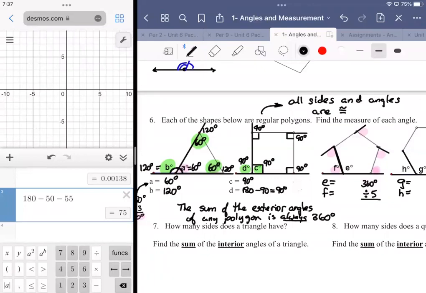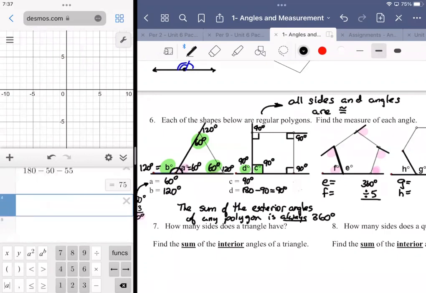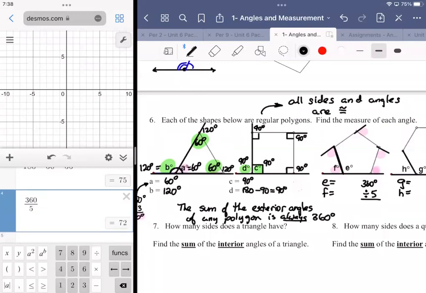There's 5 possible exterior angles because there's 5 sides in the pentagon, because there's 5 points that make up the pentagon, consistent with 5 angles in the pentagon. 5 being the important number. So that tells me that each exterior angle has to be 72 degrees.